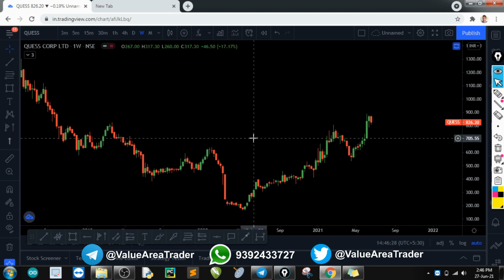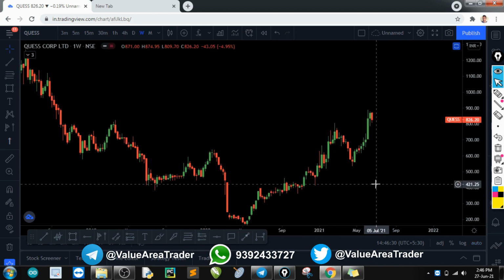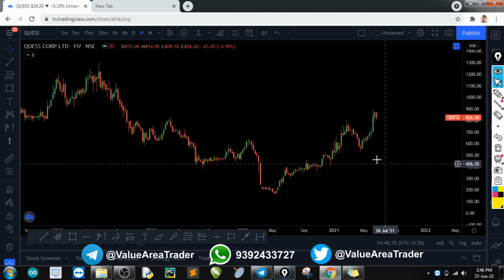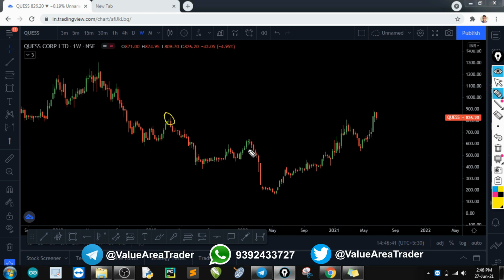So let's see what is happening in Quest Corp, and let's see what is the strategy that I'm talking about. When do you have to keep a stock in your watch list? Whenever the stock is making lower highs, and the moment it makes a higher high. As you can see from here, this is a swing high, and then it made a lower high, then this time it made a lower high again, and here is the point where it made a higher high.